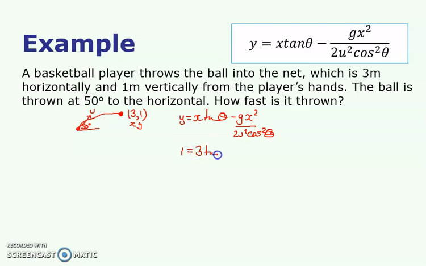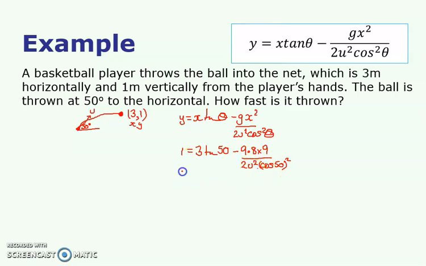Well, that's tan of 50. Minus g, well that's 9.8, times by, what's this, x squared is 3 squared, which is 9, over 2 times by u squared times by cos squared, that's cos of 50 squared. So effectively everything I know there apart from this u squared.